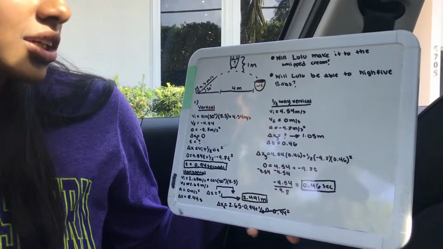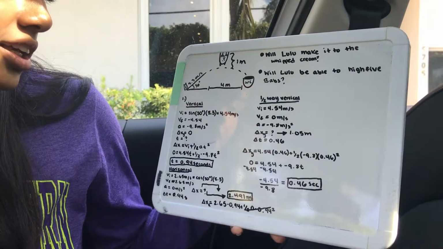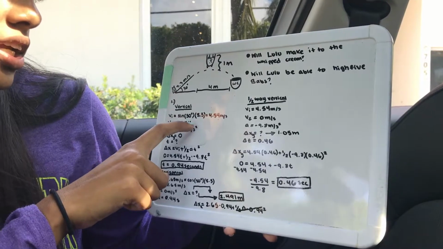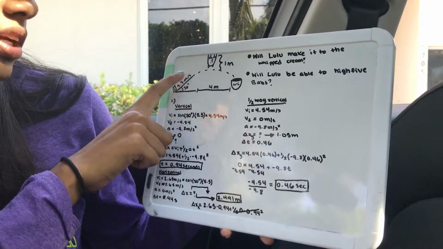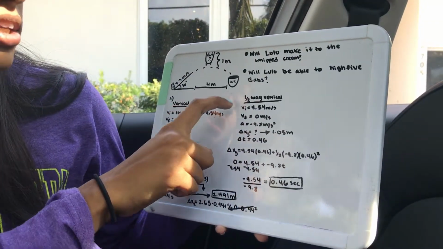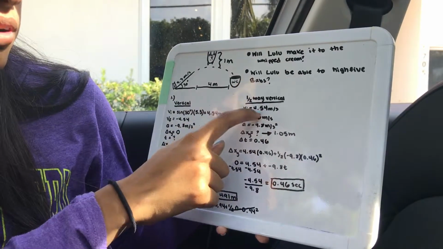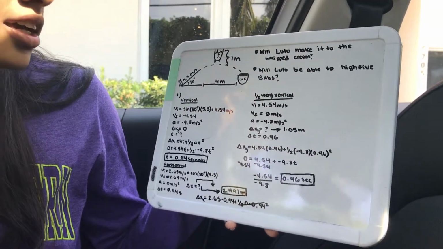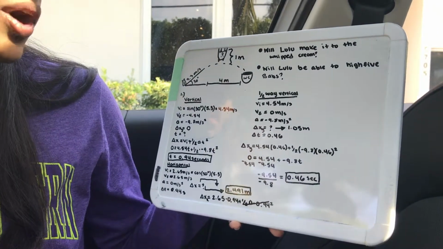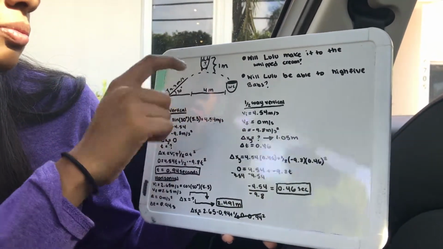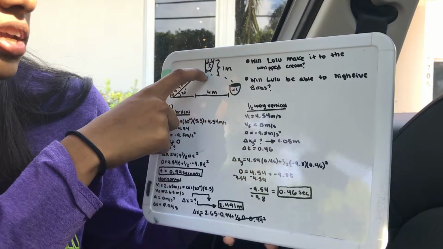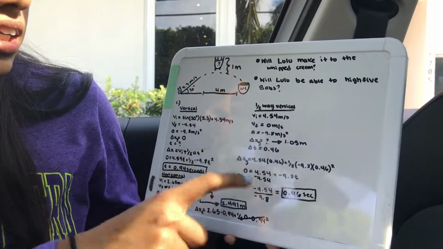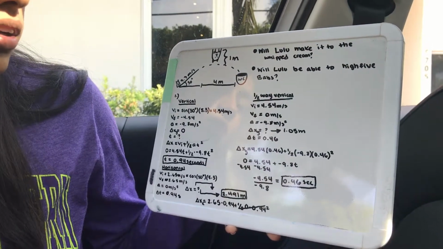So we can use the initial velocity that we calculated in the vertical direction by using sine of 30 degrees times 5.3, which is 4.54 meters per second. Since we're trying to calculate whether they will meet halfway, we know that the final velocity at the top is going to be 0 meters per second, and the acceleration is negative 9.8 meters per second squared.